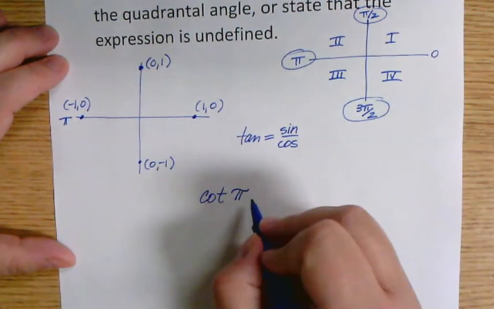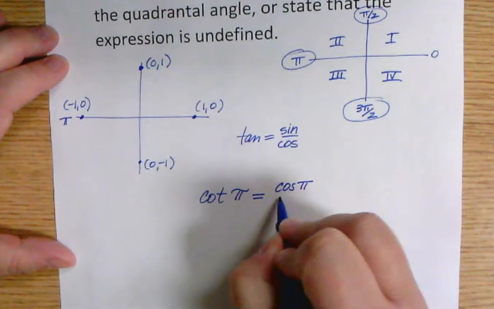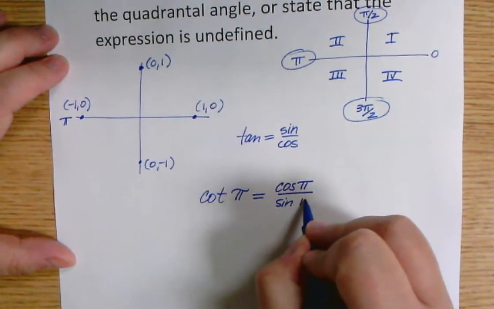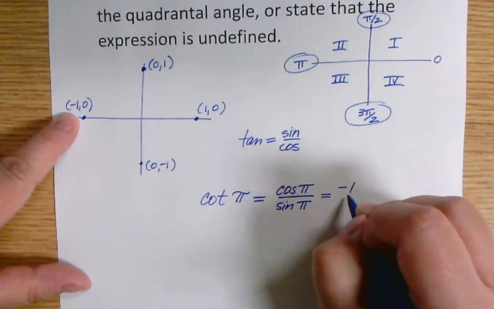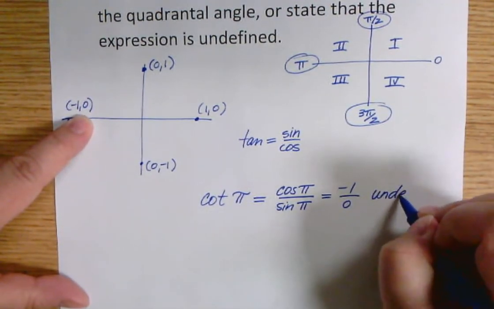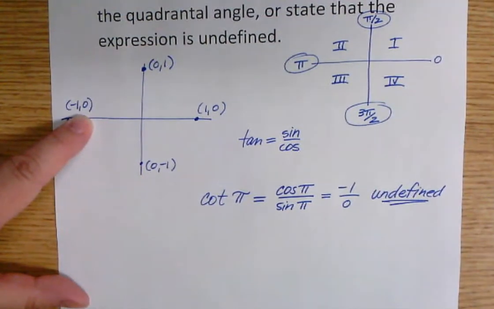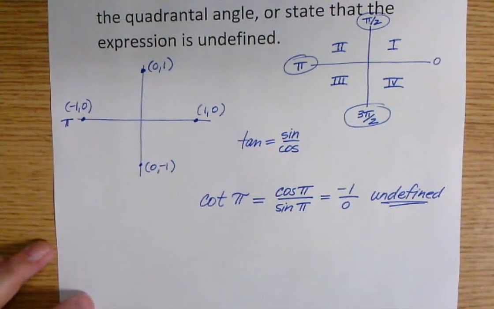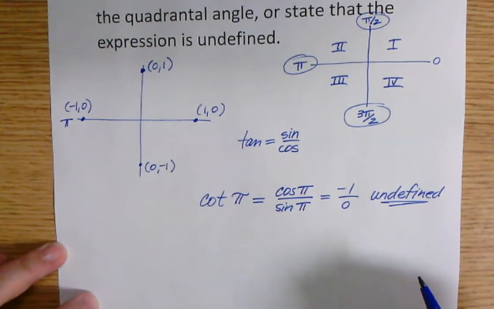So cotan is the cosine over the sine. Cosine is the first coordinate. Sine is the second coordinate. This is undefined. Why? Because it has a 0 denominator. We can't have that. Remember though, if a fraction has a 0 in the numerator, that just means the value is 0.